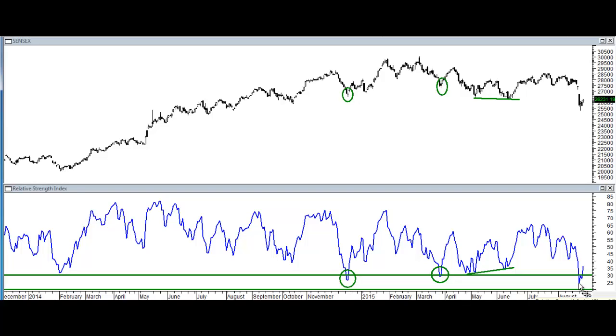So what we are expecting is that RSI may dip again in this zone, and prices may break the previous low or retest the previous lows. But we will wait for some positive divergences to go long on this market for some sharp reversal of about 20-30%.